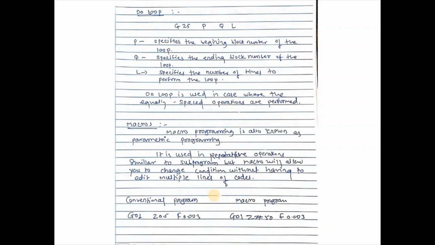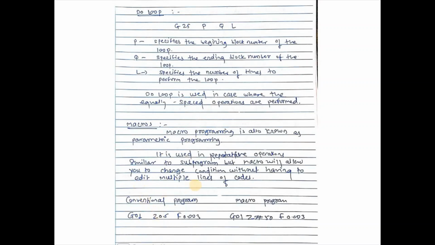But in a macro we don't need so many changes. We just have to input that in one or two lines, or even one line, and then we can go on with further programming.